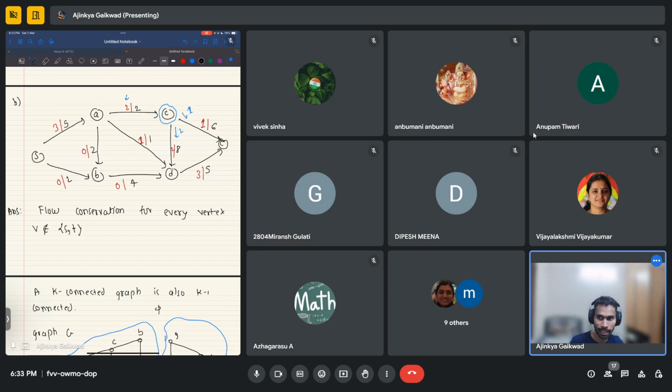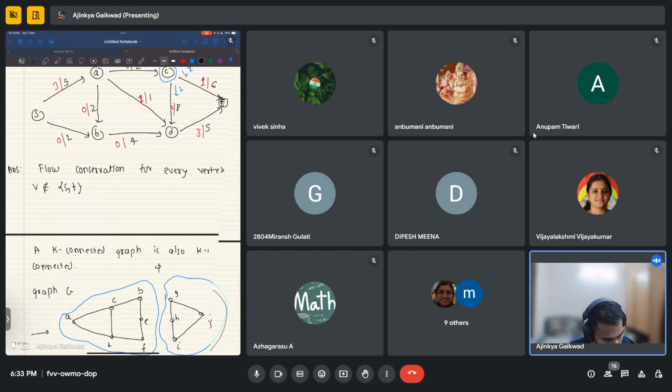So if you see here S is leaving 3, but there is nothing coming in, but that's not a problem because I'm saying S is the source. So we can generate as much flow as we want. So that is one. And simultaneously, if you look at T, there is only incoming flow, there is no outgoing, because it is a sink, it is fine.